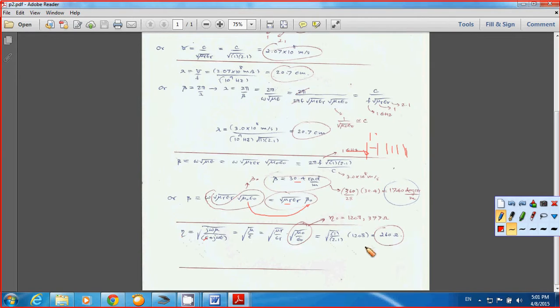You have your eta become 260 ohms. And keep in mind that your impedance allows you to find the relation between E and H. Okay, when you know E, you can find H. Simply multiply by eta.